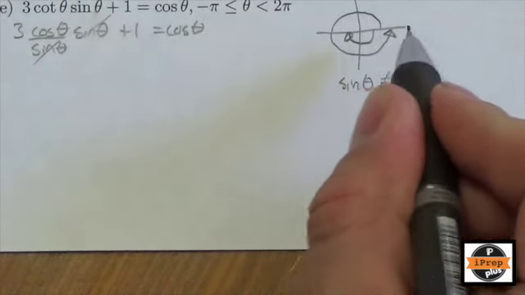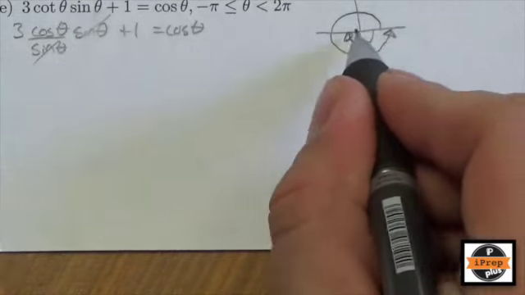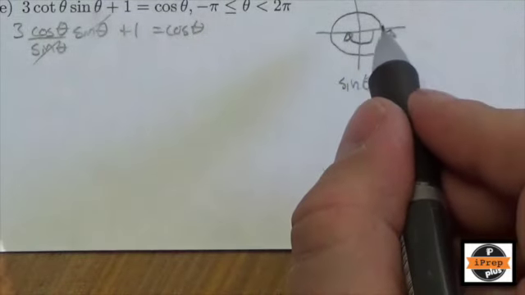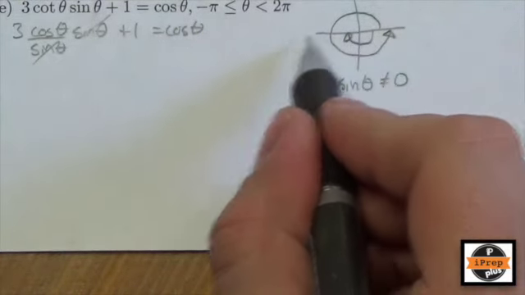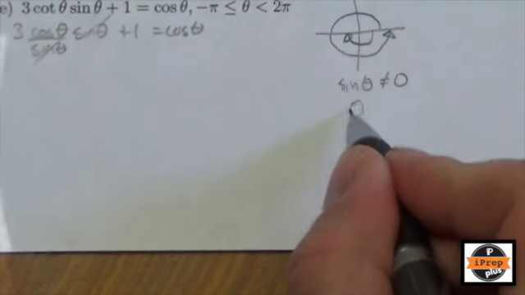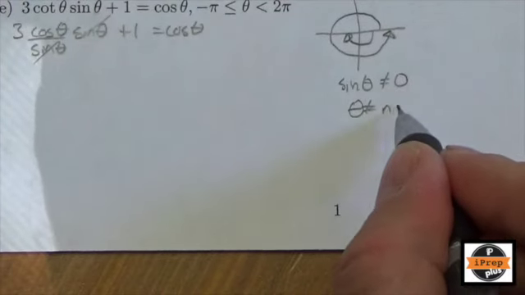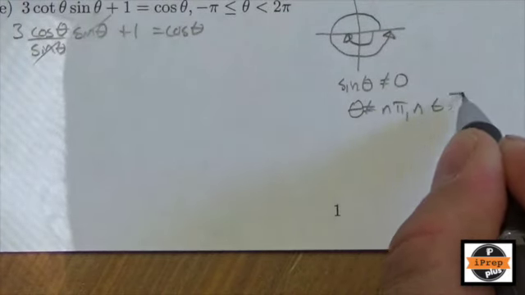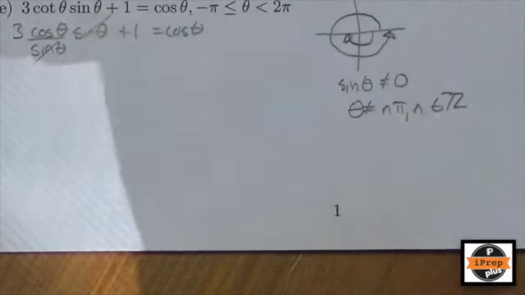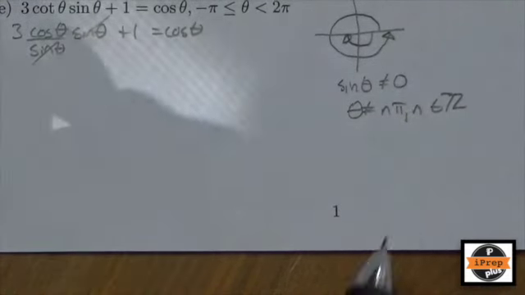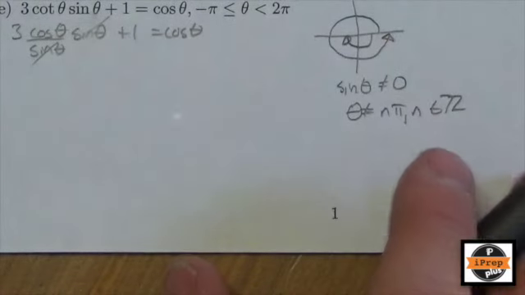So we're talking about angles like 0 degrees. Well, are we in degrees? No, we're in radians. So 0, pi, 2 pi. So basically, theta cannot equal multiples of pi. It can't equal any multiple of pi or else we're going to run into some problems.